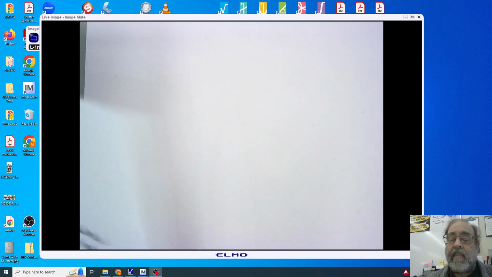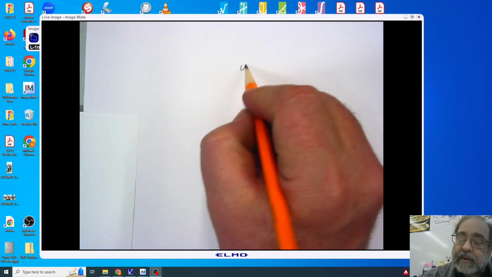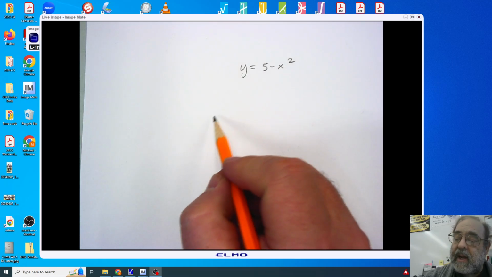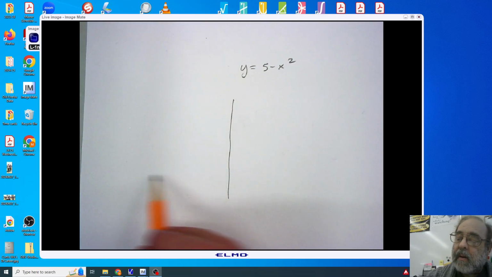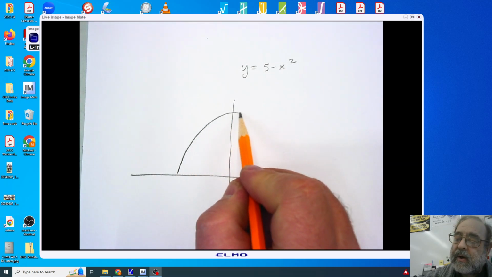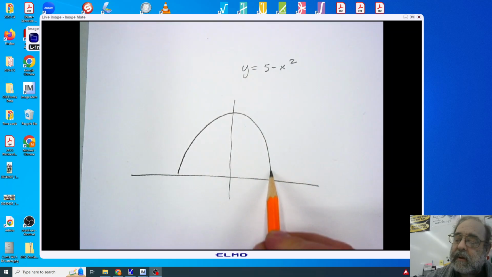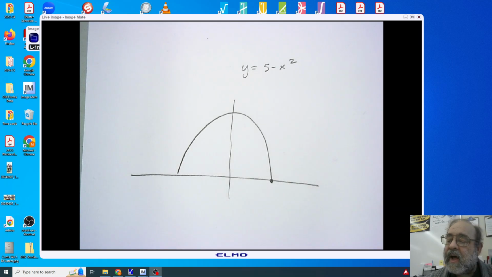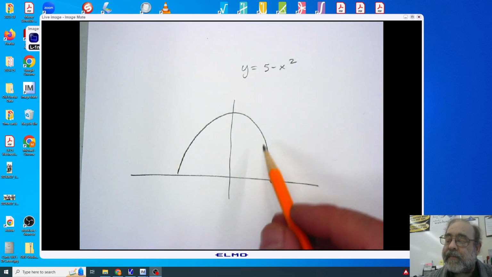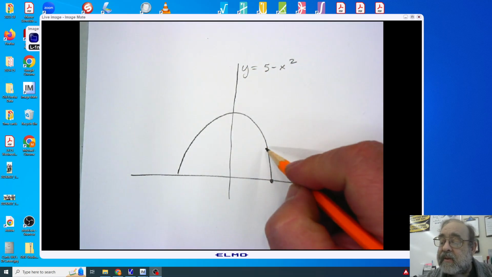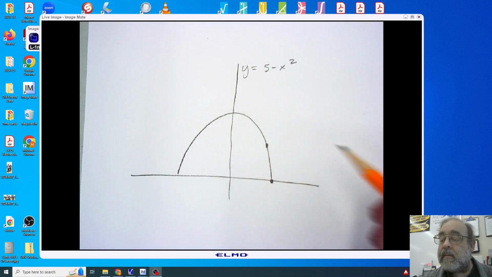Now what I want you to remember is that if we have y equals 5 minus x squared, we're looking at a parabola that is opening down. There's a y-intercept at 5, and then we have our x-intercepts, which are at negative root 5 and positive root 5. Now, they want me to form a tangent line at the point (2, 1).